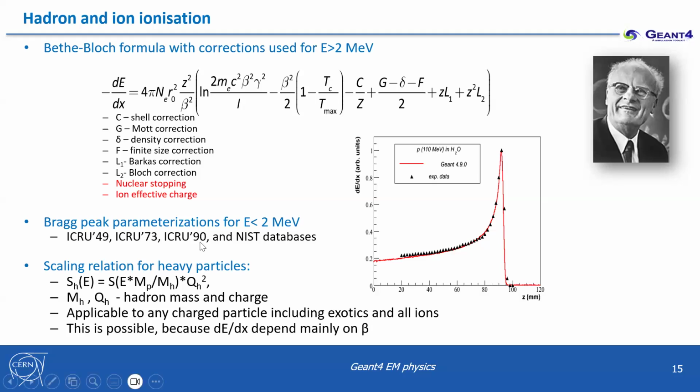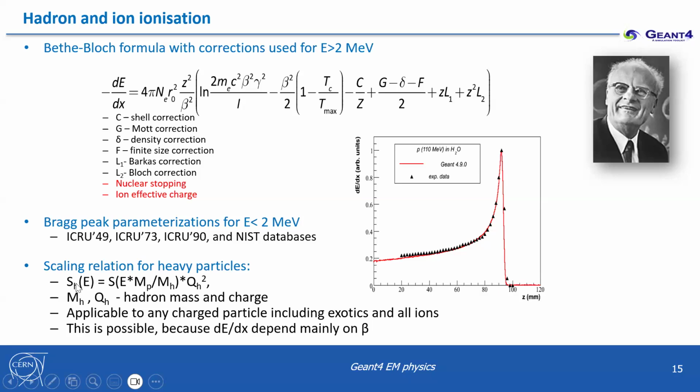Proton, in some sense, for us is a key particle because we use a scaling relation for heavy charged particles. There is a good scaling rule which is valid for all heavy particles.